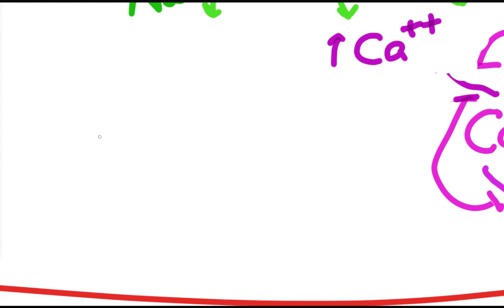And myosin is the thick filament. And I'm going to just draw a little piece of myosin right here. And it forms a structure with actin that's almost like a little sandwich.